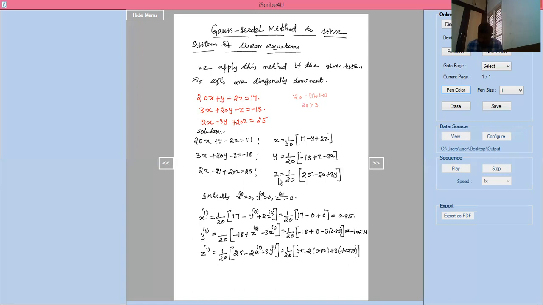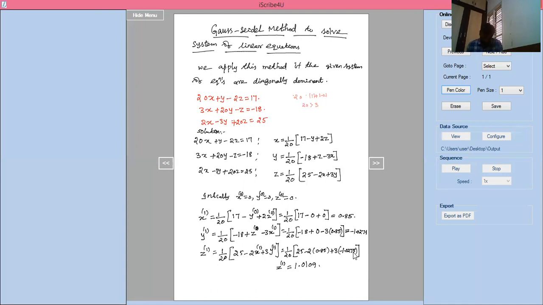Now we will get z of 1 equal to 25 minus 2 into 0.85 plus 3 into minus 1.0275. Using calculator, you can simplify. You will get 1.0109. This is z of 1 value.